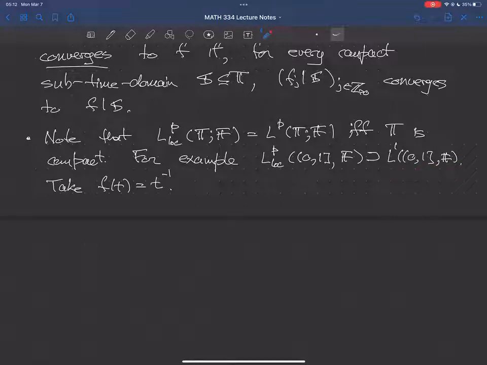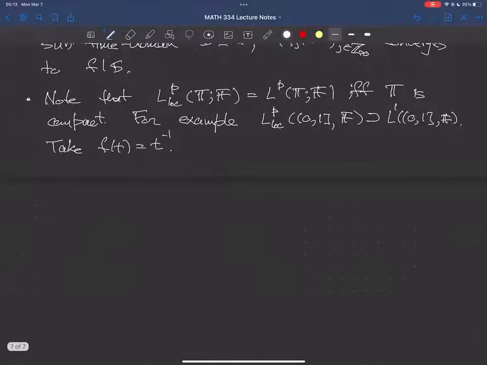However, you're definitely in L^1_loc, because on any compact subtime domain of the interval this is continuous and therefore bounded, so it'll certainly have a finite p-norm on any compact subinterval. So beware of that: you only get agreement here when the time domain is compact.